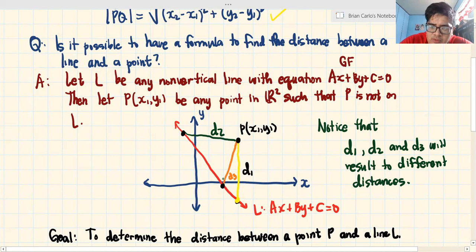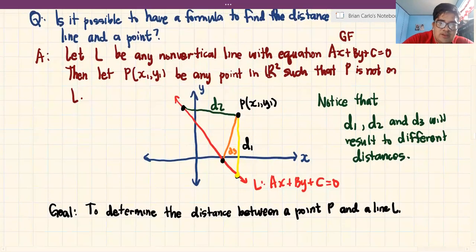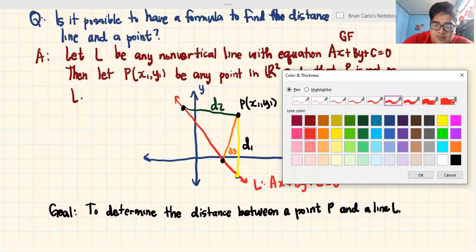Nakikita nyo, di ba? So, doon sa goal natin, to determine a distance between a point and a line, ano ang dapat i-consider natin? Ganito. Magpalit tayo ng color. Sabihin natin red.